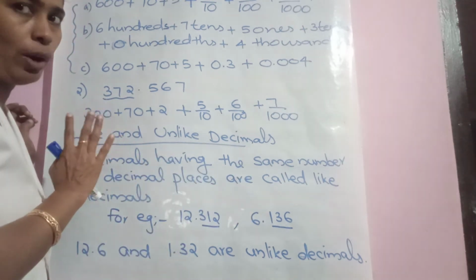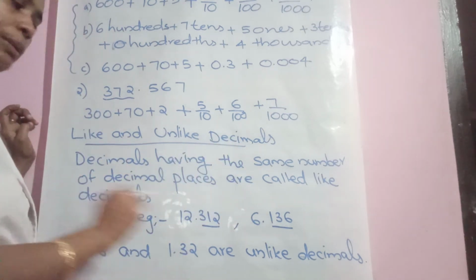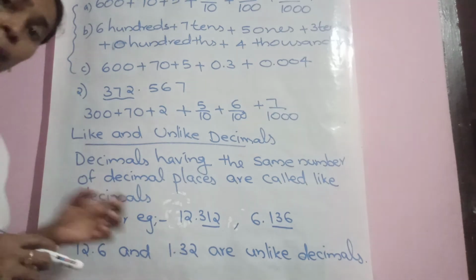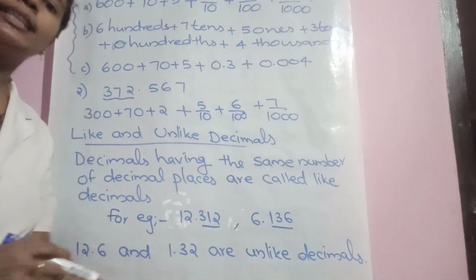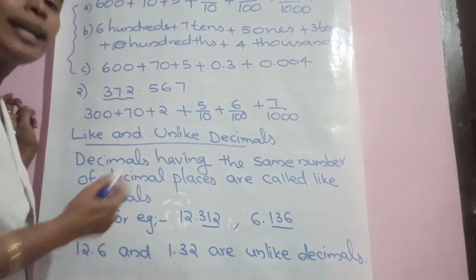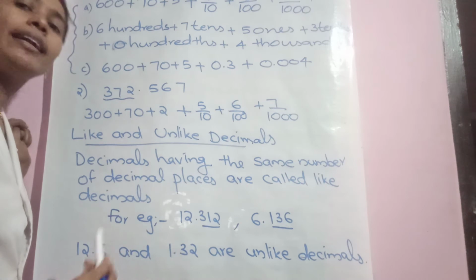Don't bother about the whole number part. If the decimal parts consist of an equal number of digits, such decimals are called like decimals, and different ones we call unlike decimals.